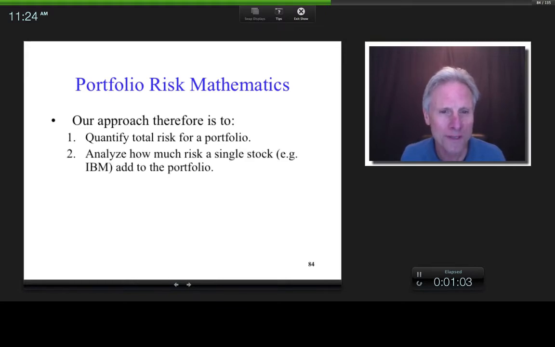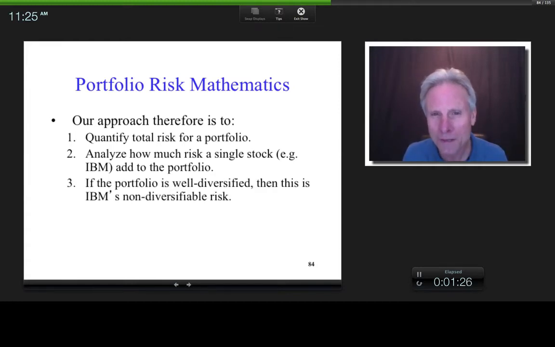And then what we're hoping is that if we can look at the whole portfolio and see how to quantify the total risk, maybe we can identify how much any given security, say IBM, is contributing to the risk of that portfolio? And if that portfolio is well diversified, then that would be IBM's non-diversifiable risk.